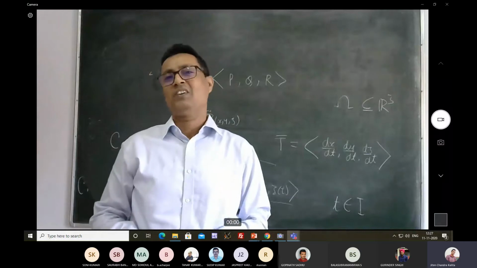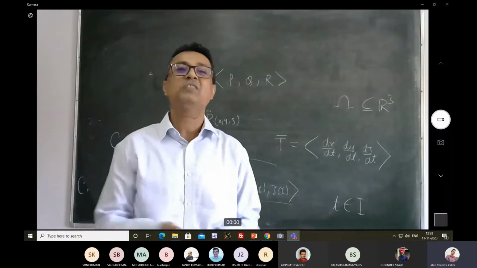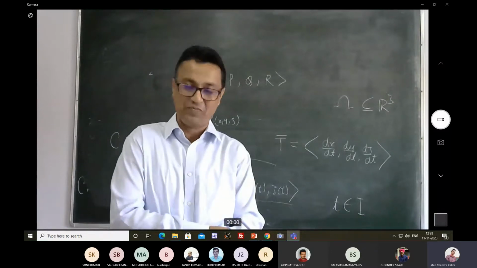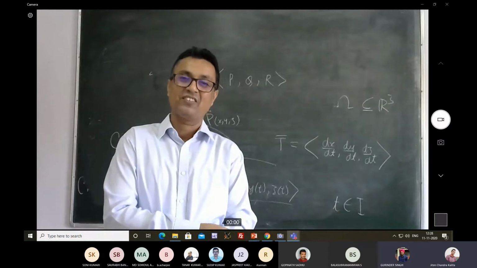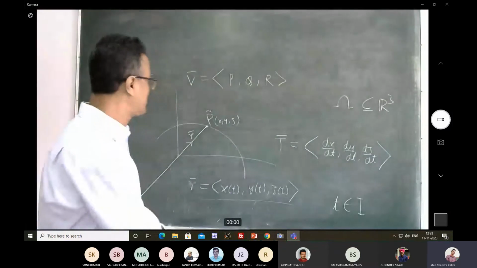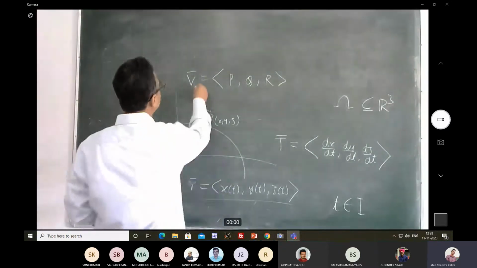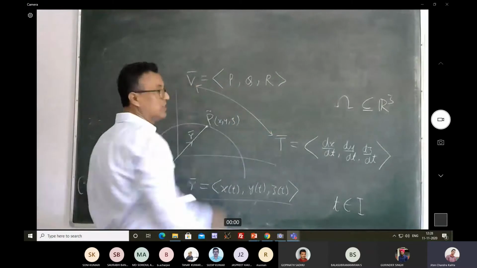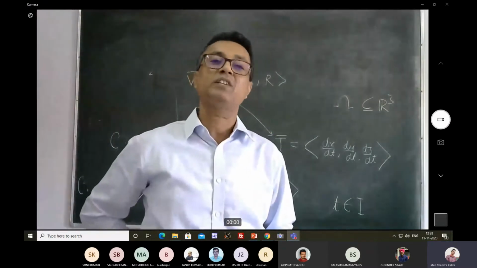So at a particular point on a curve, I can have an infinite number of tangent vectors, isn't it? Right? In fact, there's an exercise in your book, I'm going to show it to you. These two vectors are scalar multiples of each other.